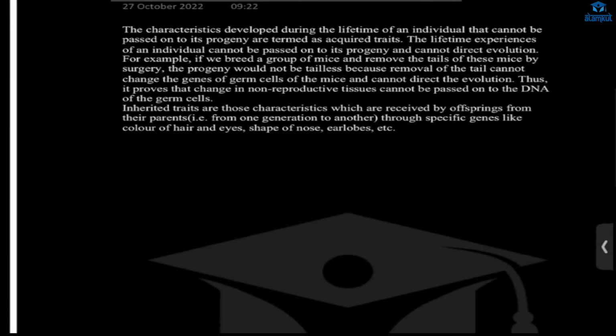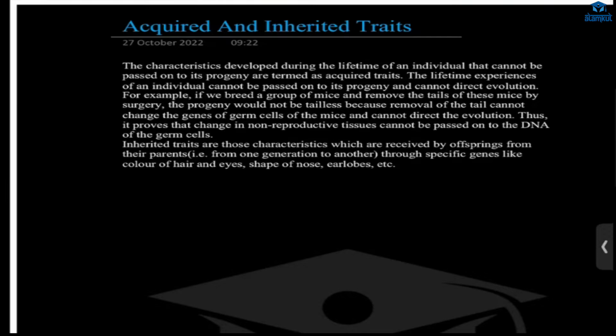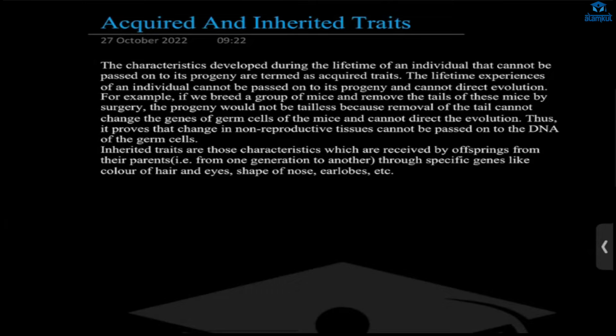Okay, now we have acquired and inherited traits. So what is that? In an acquired trait, during the lifetime of an organism, they may acquire some trait like swimming or all that. That is acquired during their lifetime.